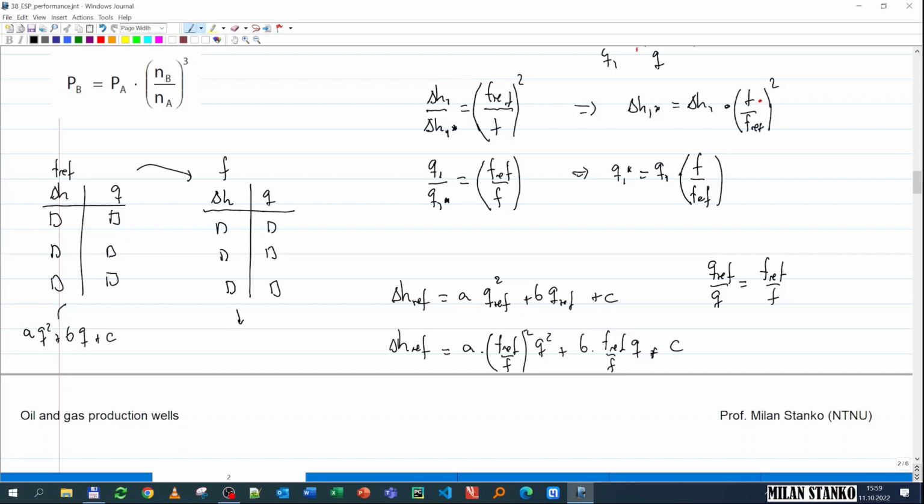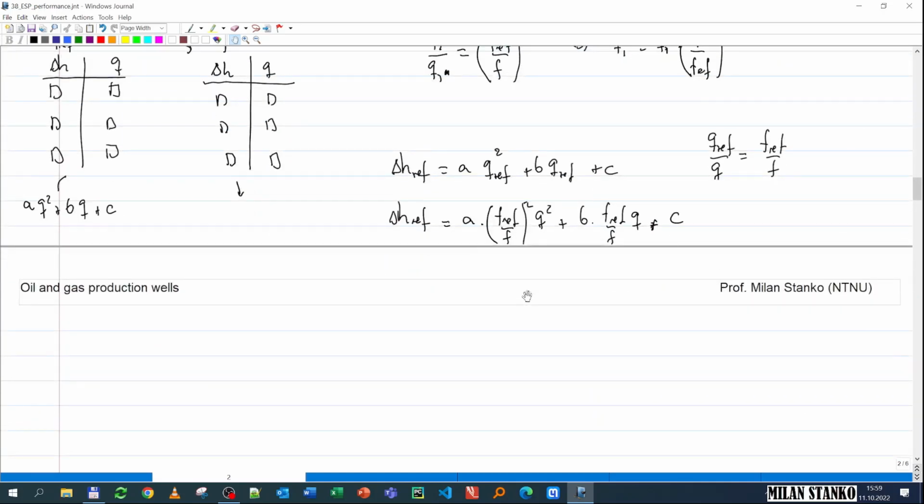And you end up with that expression. So now if you see, if the frequency is equal to the reference frequency, this one will be 1, this term will be 1, and I end up simplifying to the original equation.